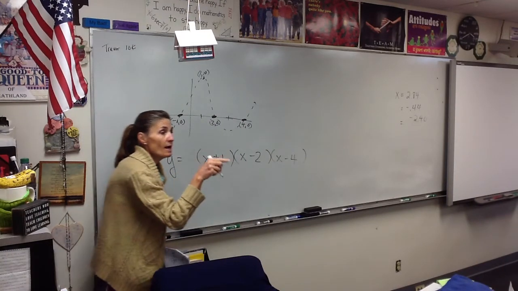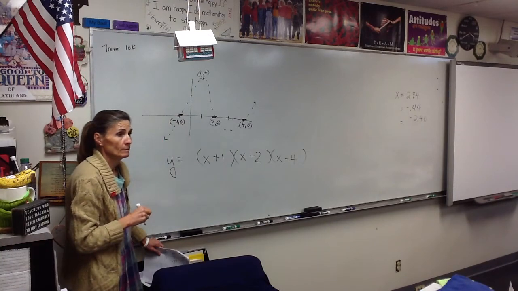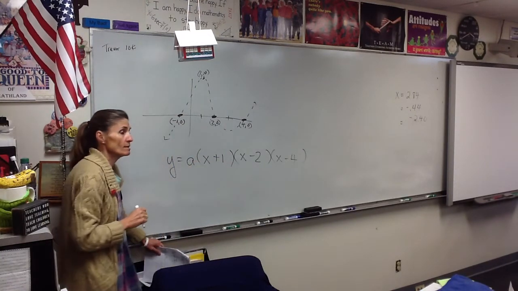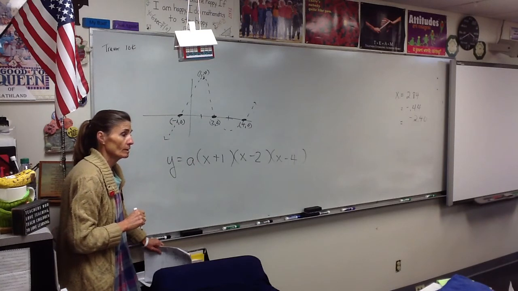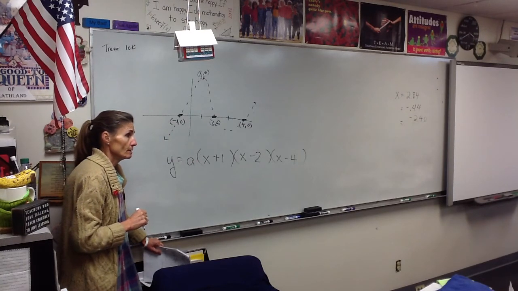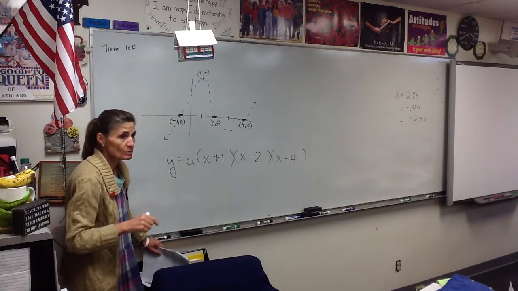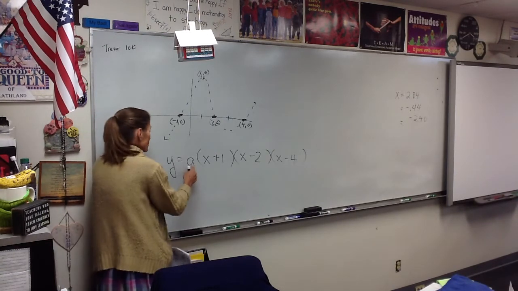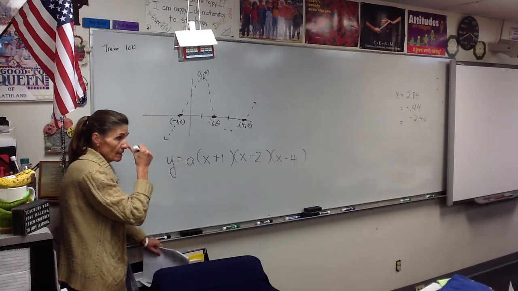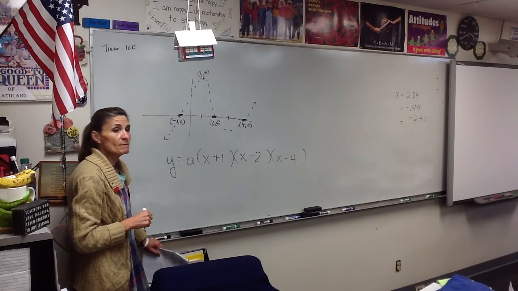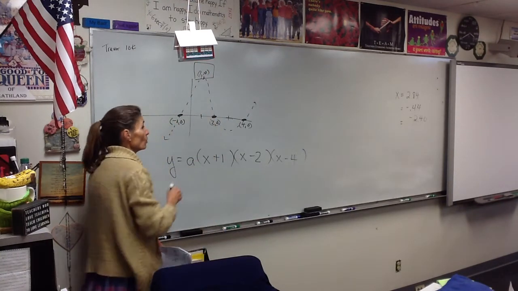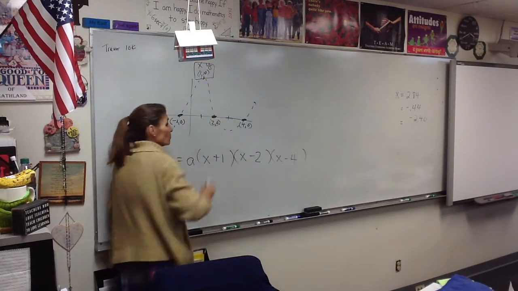Now you are done, except this number right here. We don't know what it is. Sometimes I use A, sometimes I use N. Does it make any difference? No, we're finding this mystery number. In order to find the mystery number, we use this extra point, which is an extra x and y.